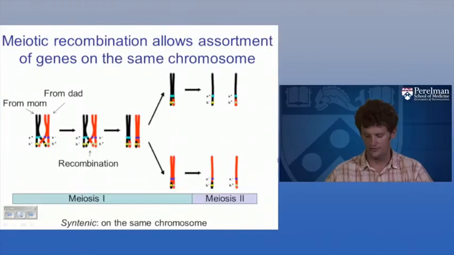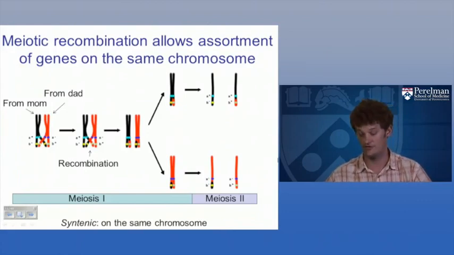All right, so one key aspect of inheritance now is if two genes are on the same chromosome, you're not going to get random assortment of those two genes. Instead, they'll tend to go together with each other.